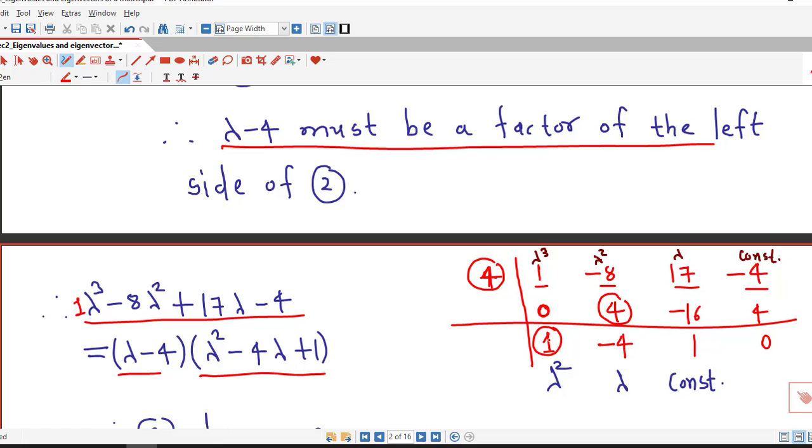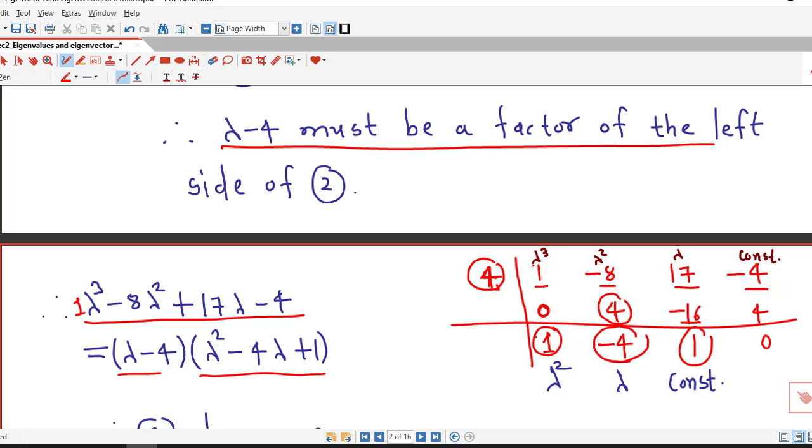So after multiplying this by 4, whatever we obtain, that we write here, and then again we add these two. So minus 8 plus 4, which is minus 4, that is multiplied with 4, which is minus 16, and it is written here, and again we add these two. 17 plus minus 16, which is 1, that is multiplied with 4, and 4 is written here.